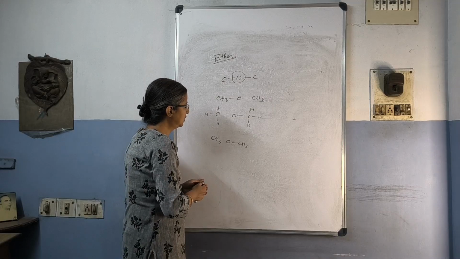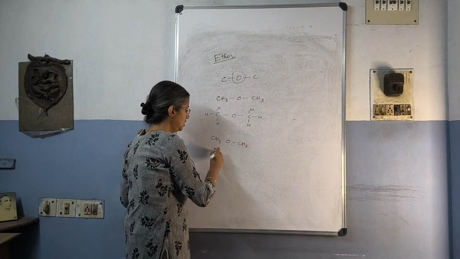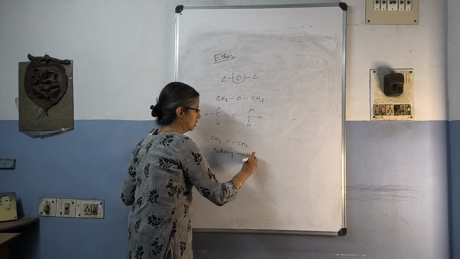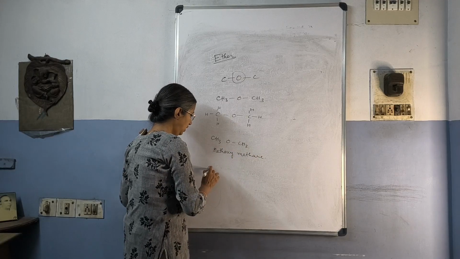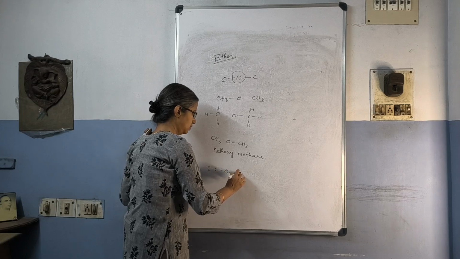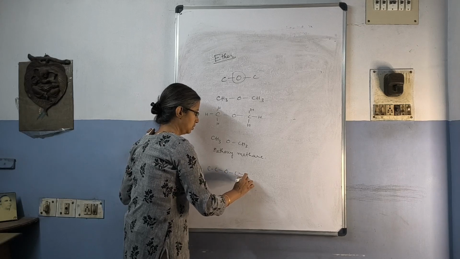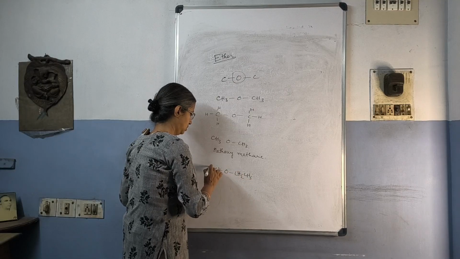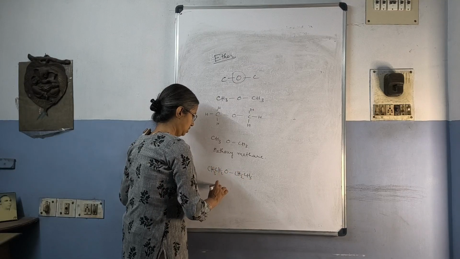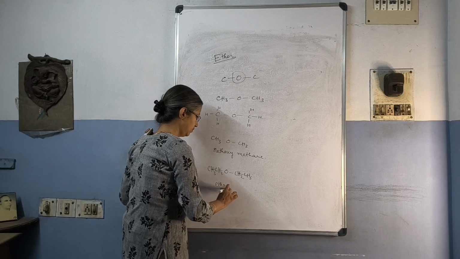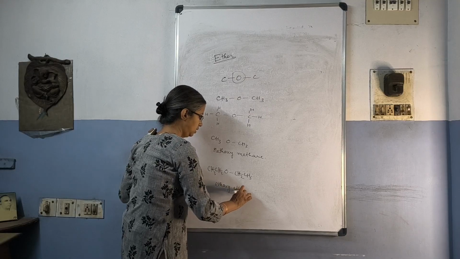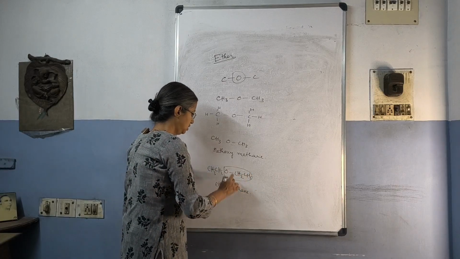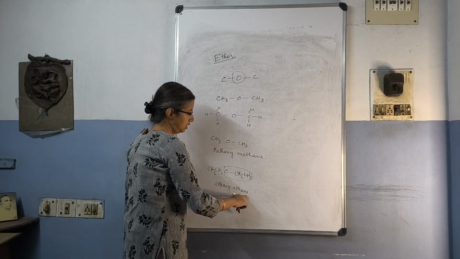Next, the name of this is methoxymethane. Then we will have ethoxyethane. This is ethoxy and the parent name is ethane.